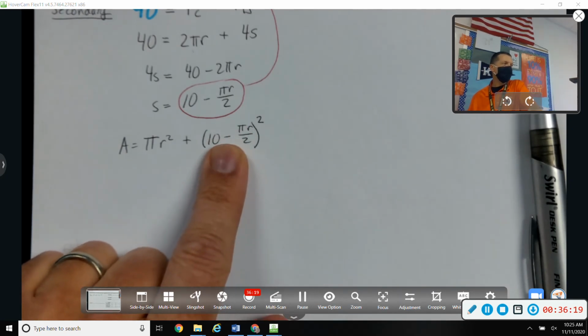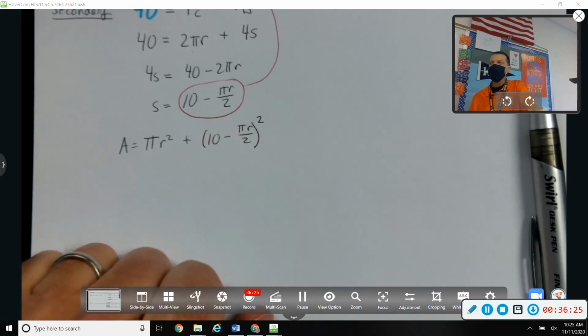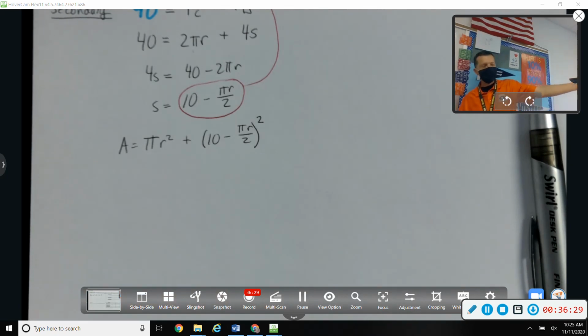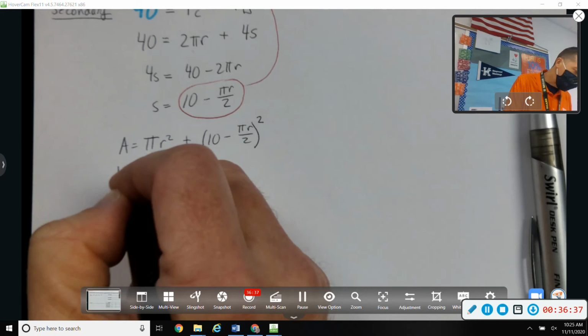I'd rather pay the price in calculus. If you want to square it out and do the algebra, you're right that the calculus later would be a little bit easier. But I don't think the trade-off is worth it. So I'm going to work in calculus land here.